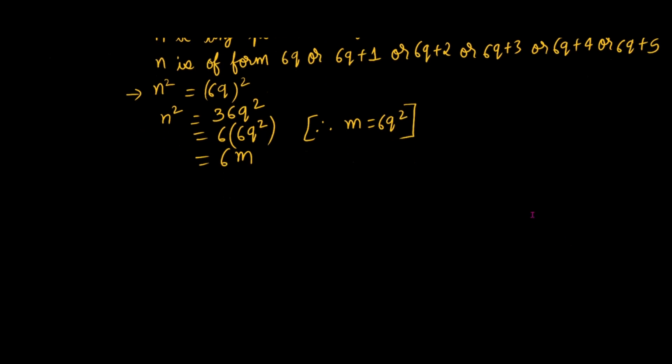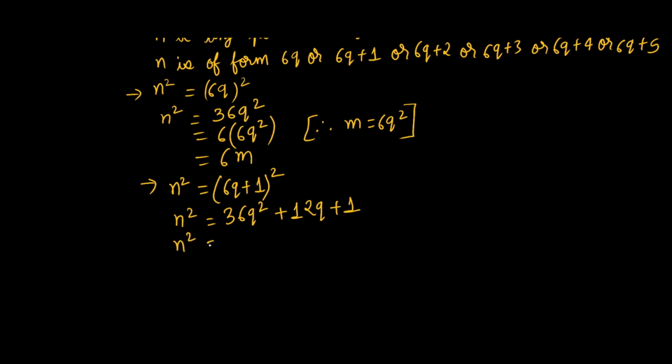Moving towards the next step. So n square is equal to 6q plus 1 whole square. So we will get n square is equal to 36q square plus 2ab. So 2 into 6, 12, 12q plus 1. So we will take common. 6 will be common.